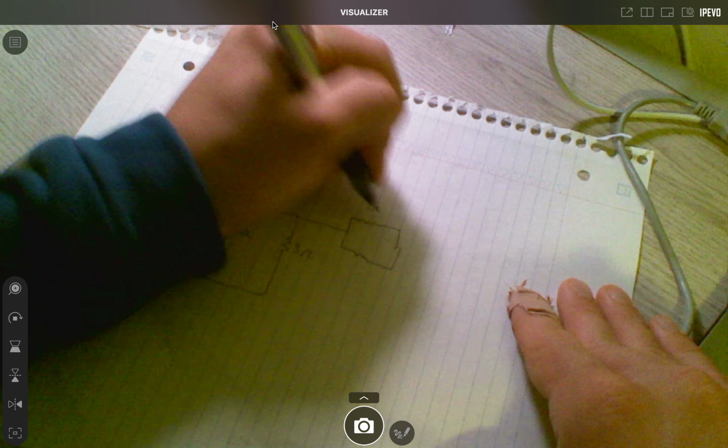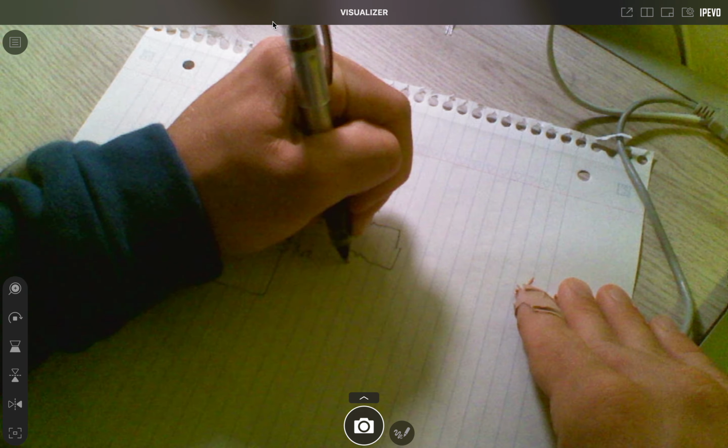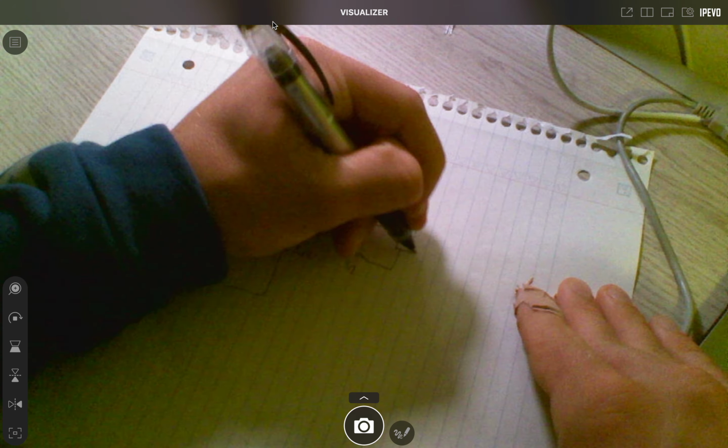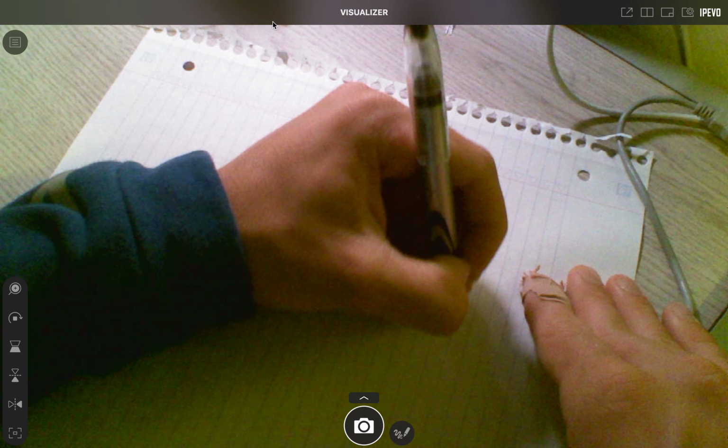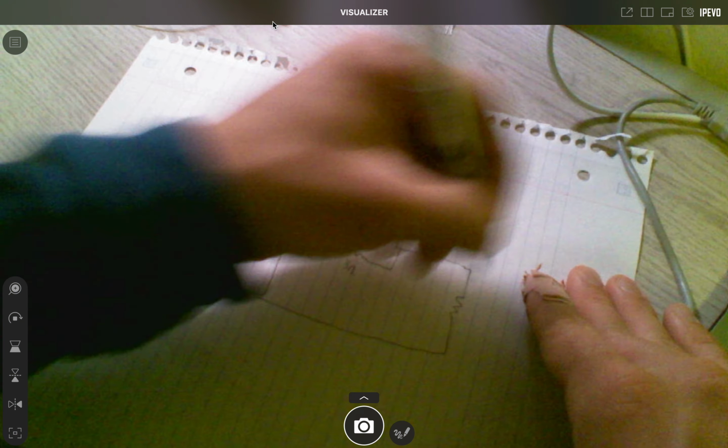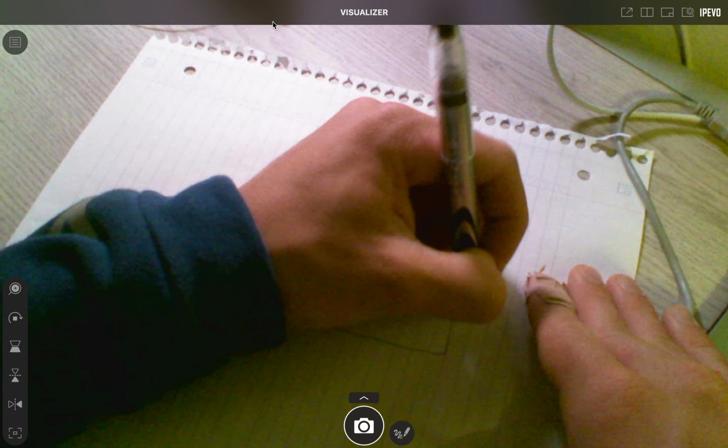Two ohms for resistance 3. Resistance 4 is going to be 3 ohms. And we'll call this 6 ohms.